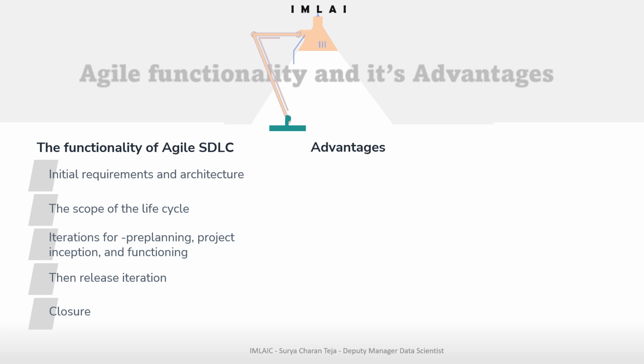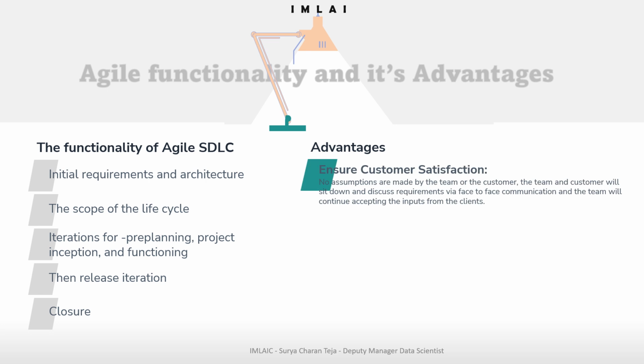For agile, important work starts with the pre-planning phase, then identifying the customer capability of the project, and then assessing the feasibilities. So these are the main things that we put in the five functionalities that we have discussed as the functionality of agile SDLC.